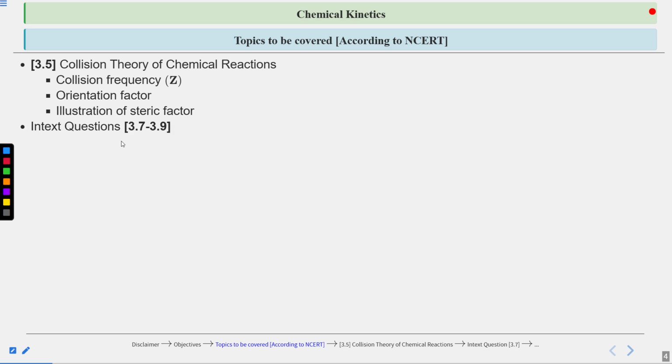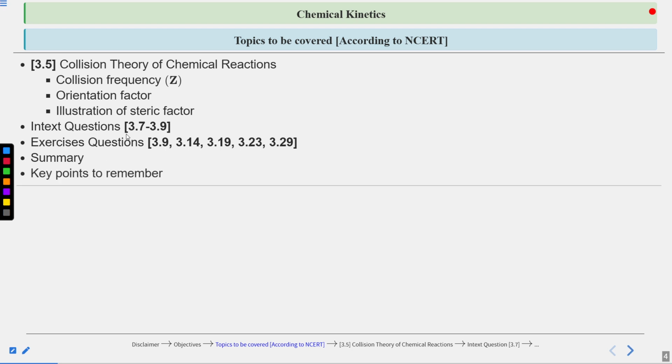Then we will see some in-text questions from 3.7 to 3.9. And then we will also practice some exercise questions from 3.9 to 3.29, including 3.14, 3.19, 3.23. And lastly, we will see the summary and key points to remember from today's lecture.